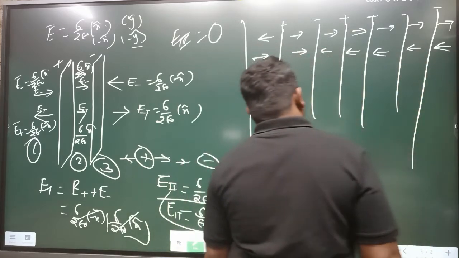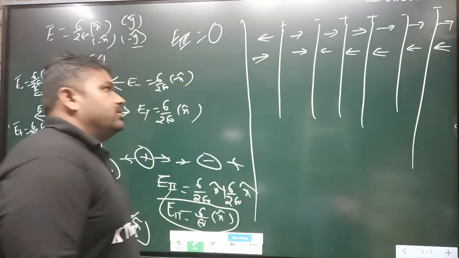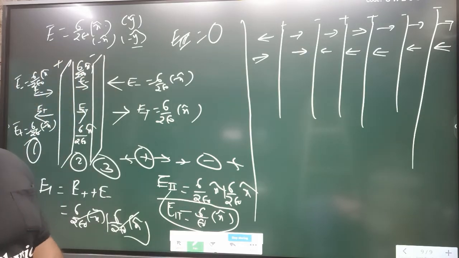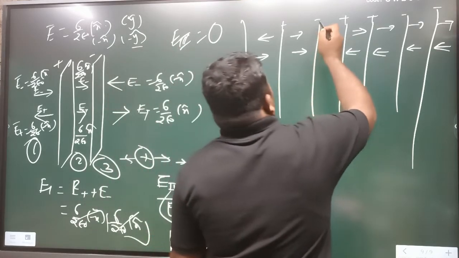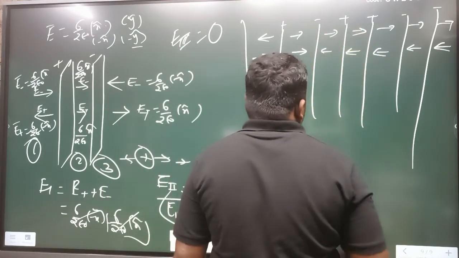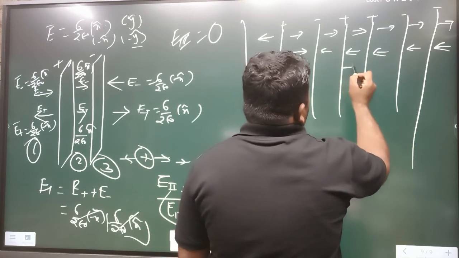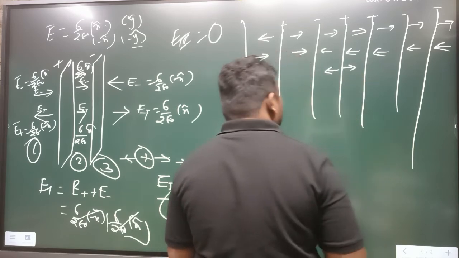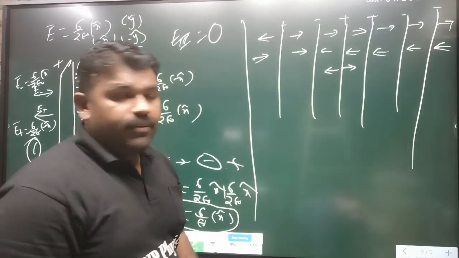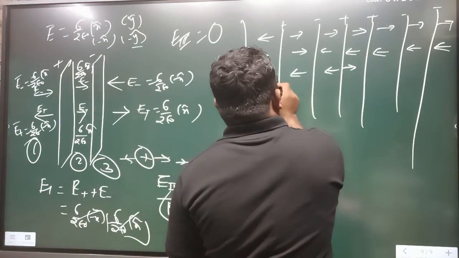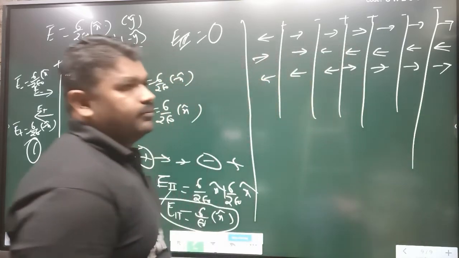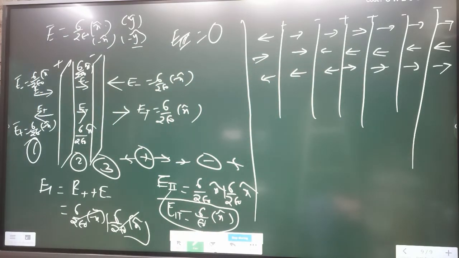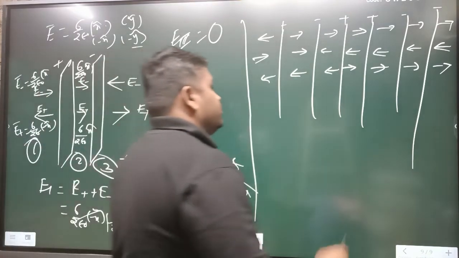Got it? Second toward. Third one positive. Away means this direction is away, this also away. Got it? Because of the third one, away. Fourth one away. Here the arrow is positive, negative direction.